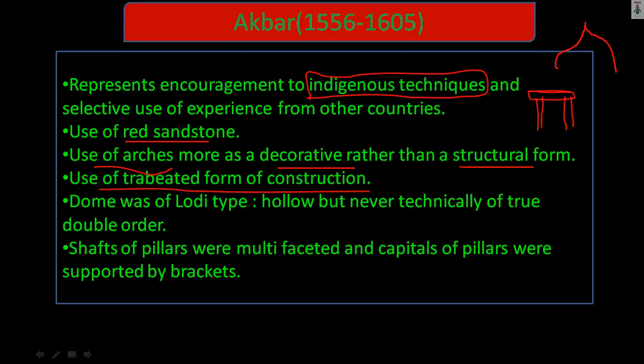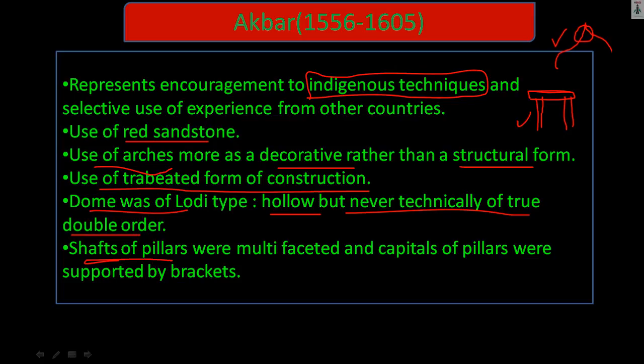To achieve this, we had to pile up different stones, and there has to be a keystone over here. So these were entirely different kinds of arches. We can see that Akbar used both the trabeate and the true arch form. His dome was of the Lodi type, which meant that it was hollow, but never technically of true double order, which we saw in Humayun's tomb.